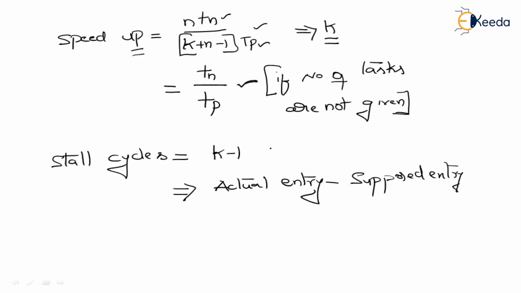Okay, both will be one and the same. K minus 1 or this rule will be the same thing. Okay, this rule is, in other words, equal to k minus 1. That's it.